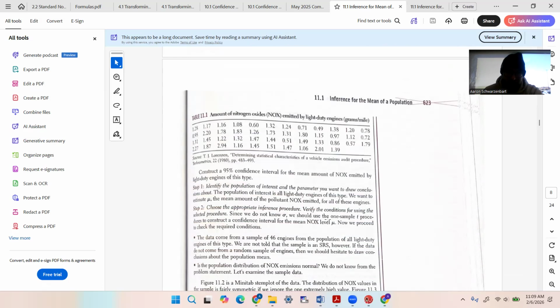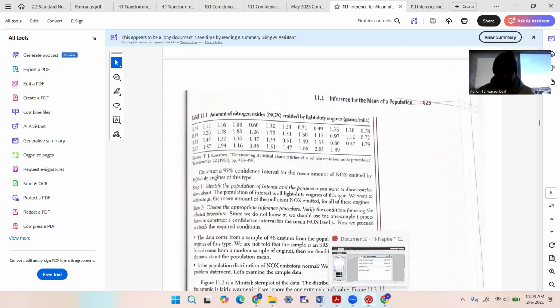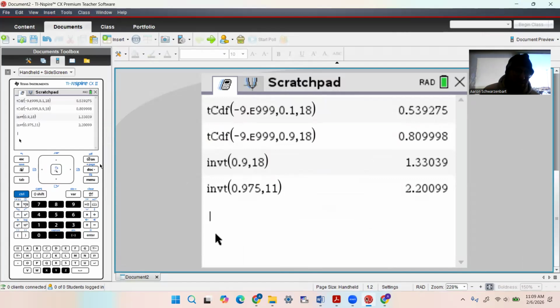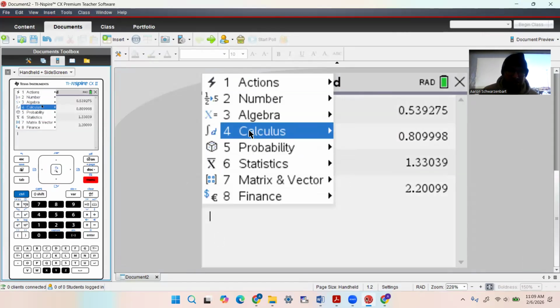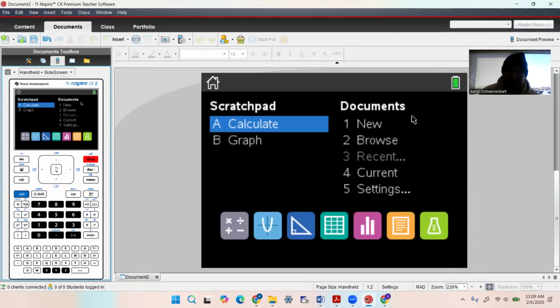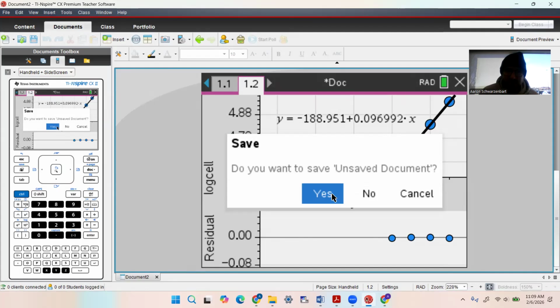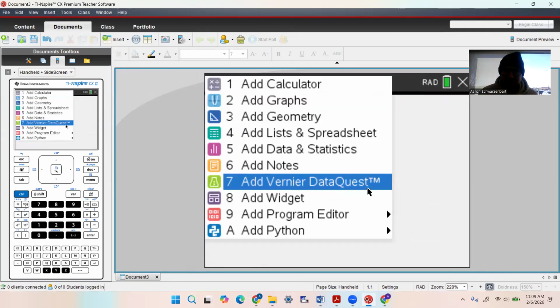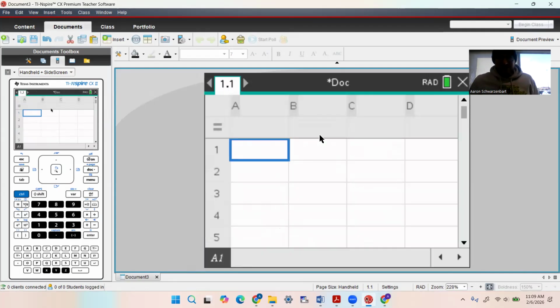My appropriate inference procedure is a confidence interval. To do this, I need to enter all of these into my calculator. So I'm going to start a new document, don't want to save, add a list in spreadsheets. Okay, let me grab a book to look at.